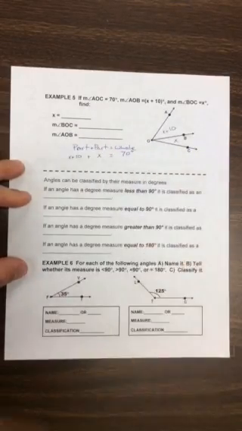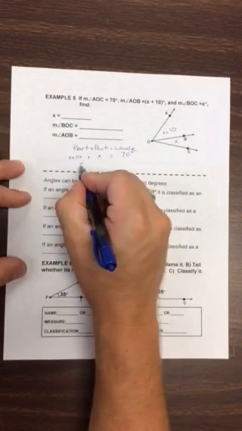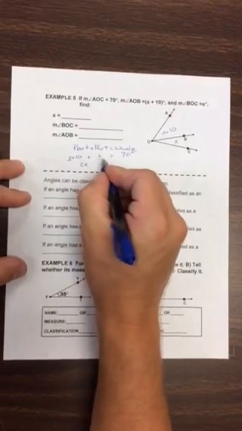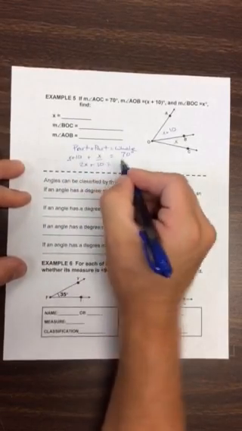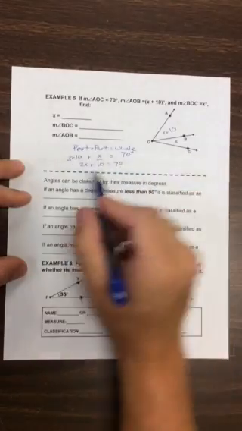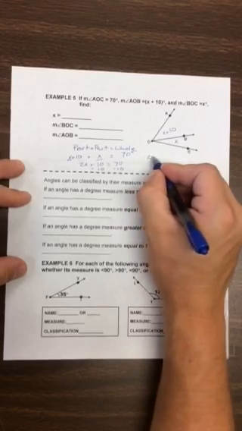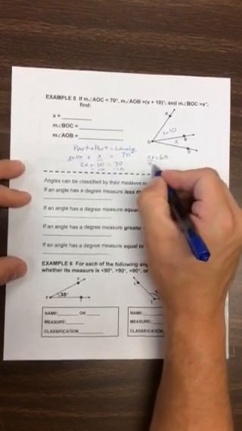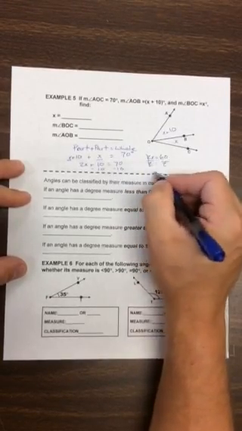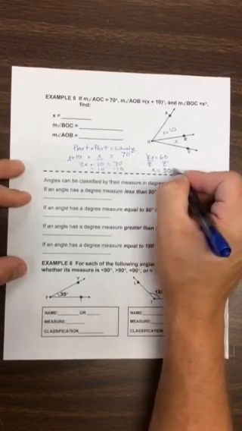And then we're going to find both pieces. So I would say that's 2x, because I'm going to combine my x's, plus 10 equals 70. So I'm going to subtract 10 from both sides, and we'll say that 2x equals 60. Divide by 2. That tells me that x equals 30 degrees.